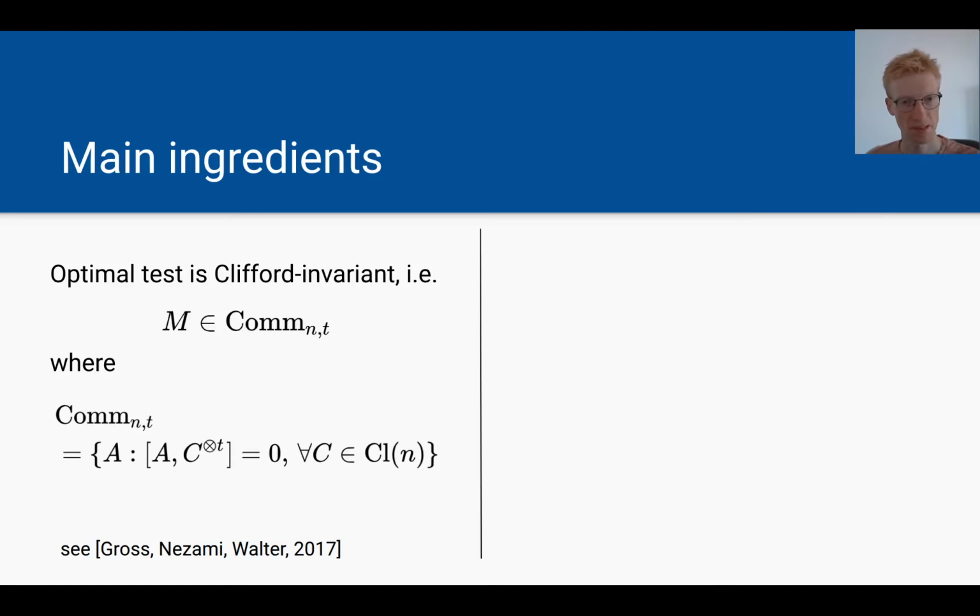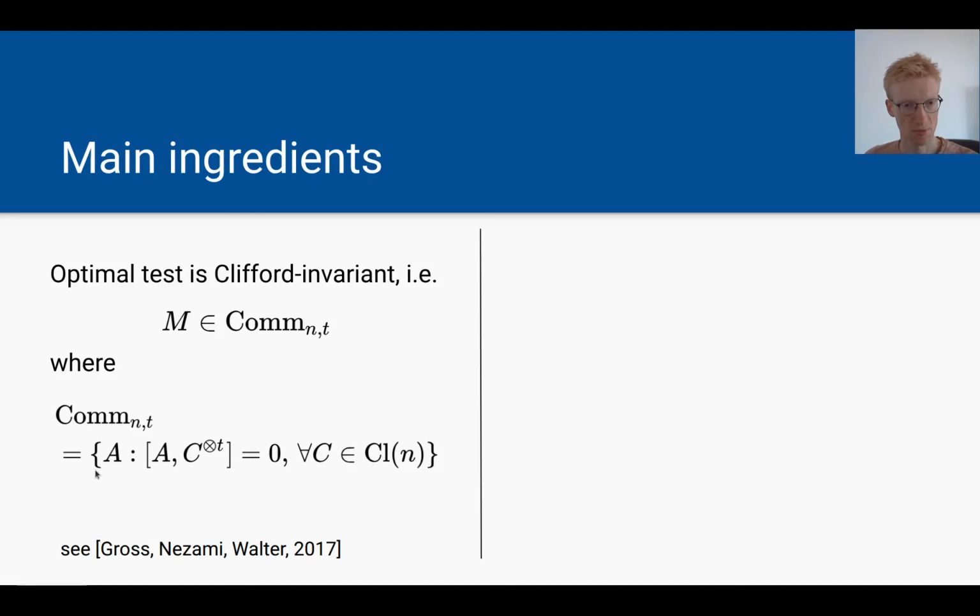The first main ingredient is to realize that there's a big symmetry in stabilizer testing and also in this distinguishing task that I just mentioned. Namely, the optimal test can be assumed without loss of generality to be Clifford invariant. So formally that means that it lives in the commutant of the Clifford tensor powers. This is this set Com_t here.